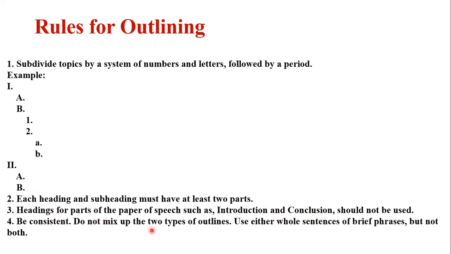Do not mix up the two types of outlines. Use either whole sentences or brief phrases, but not both. I mean, the writer says that you should not mix up the two outlines. You have to follow either a topic outline or a sentence outline.